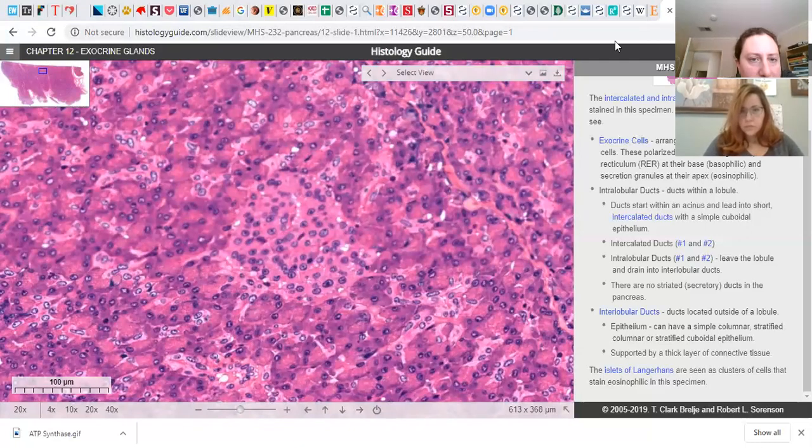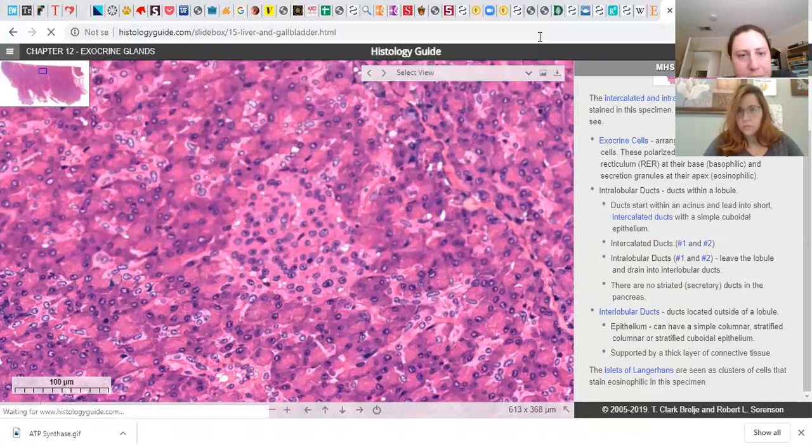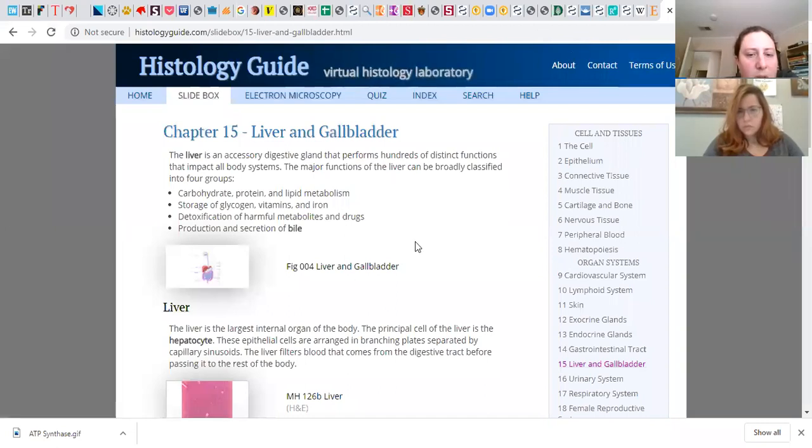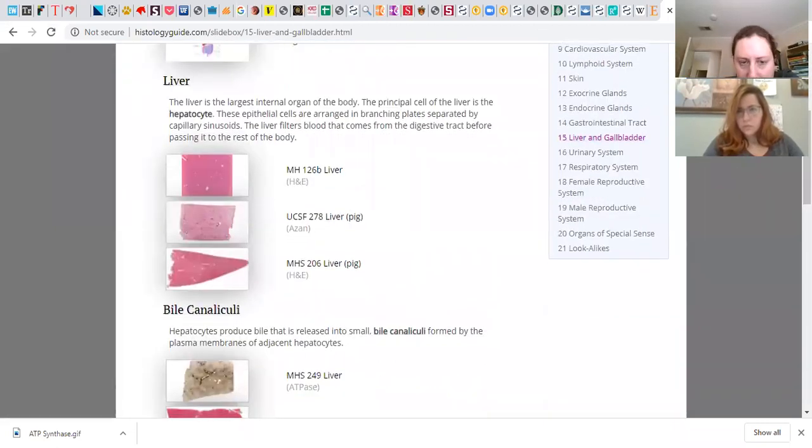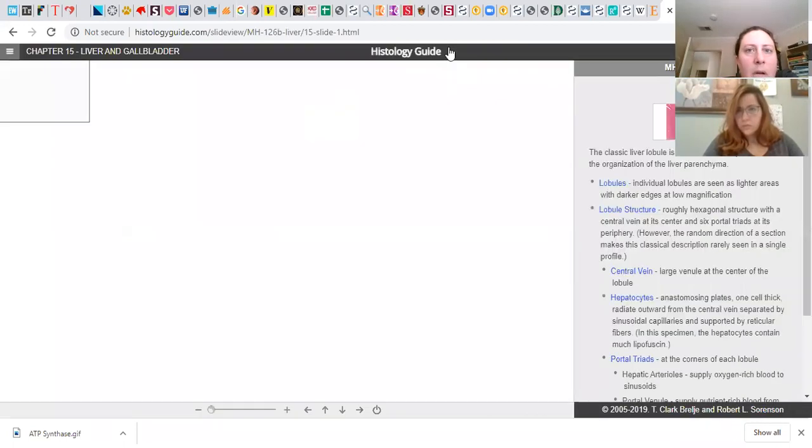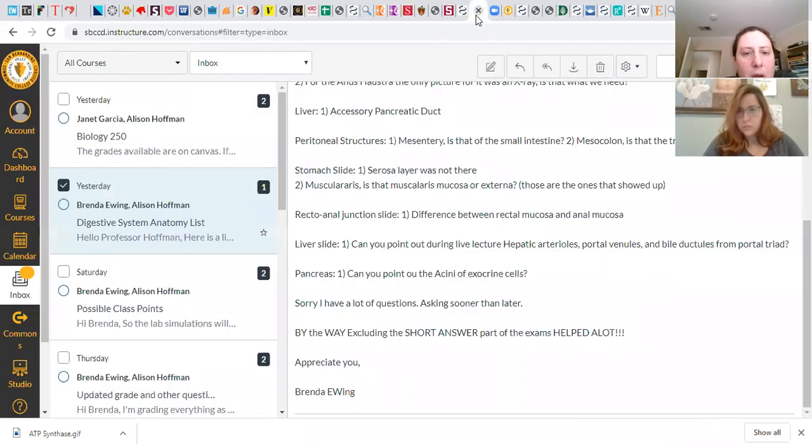And then for liver, okay, so for liver, we want to see the triads.